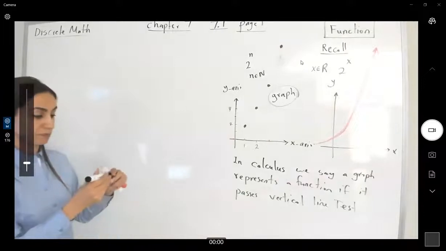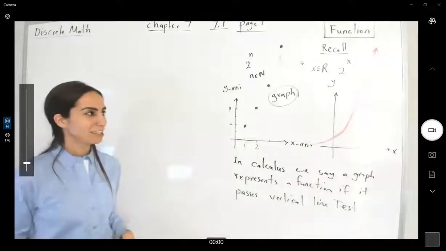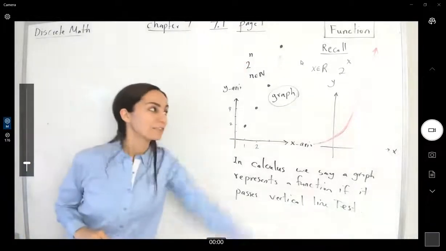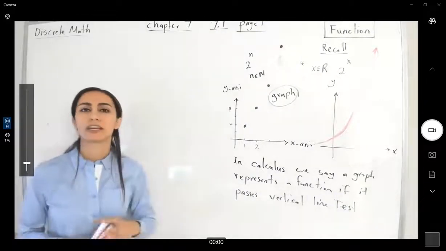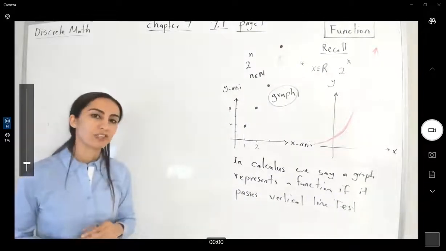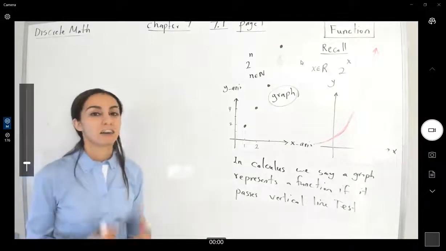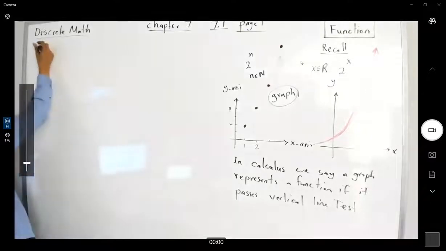It means that if I have a vertical line, any vertical line, there is at most one intersection between that vertical line and the graph of the equation or the relation that I have. Otherwise, it's not a function. So, definition.